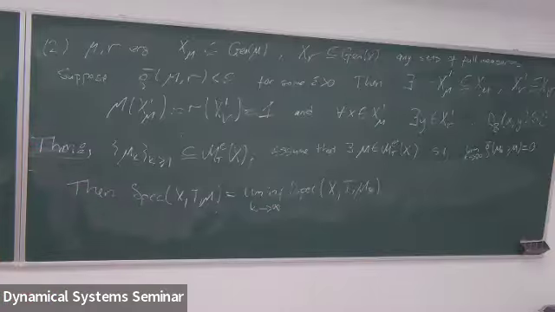So we start with contraposition: take C, which is not an eigenvalue for the system X, mu k. Then we will show that it is not an eigenvalue for the limit space.